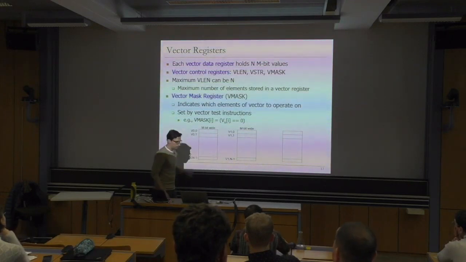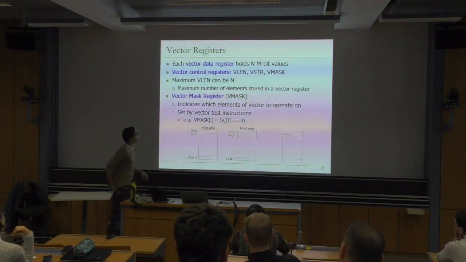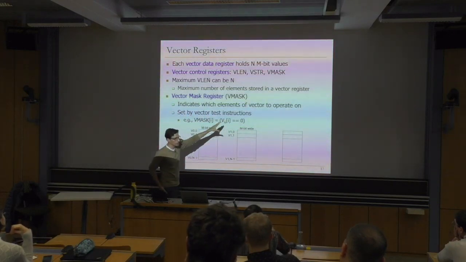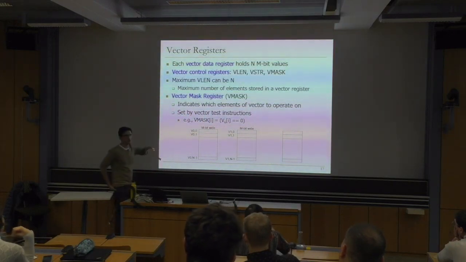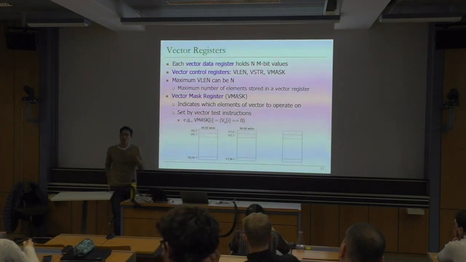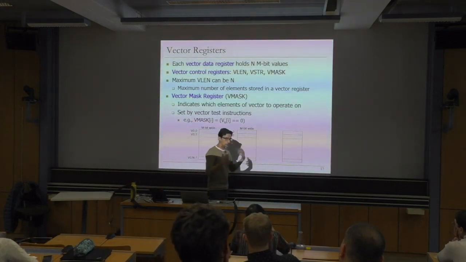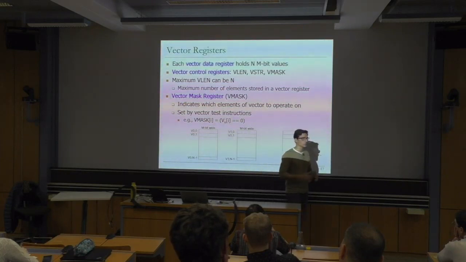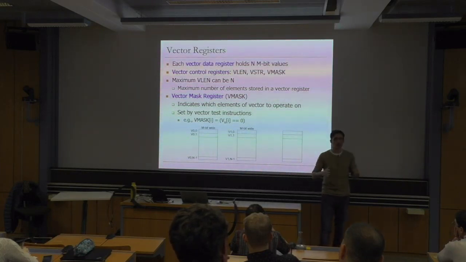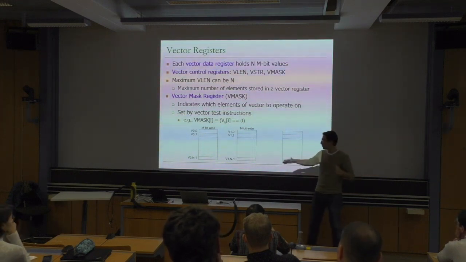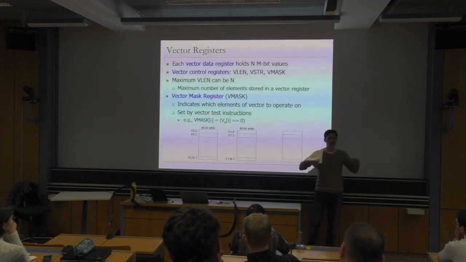And then, well, we talked before about the vector stride, and here we have the vector mask register. This is going to be very useful, especially when our computation is not so regular, right? So we were saying before, SIMD processors or vector processors are very good when the parallelism is regular and when we use all the vector lanes, when we use all the elements in the vector registers and we operate on them in parallel, right?